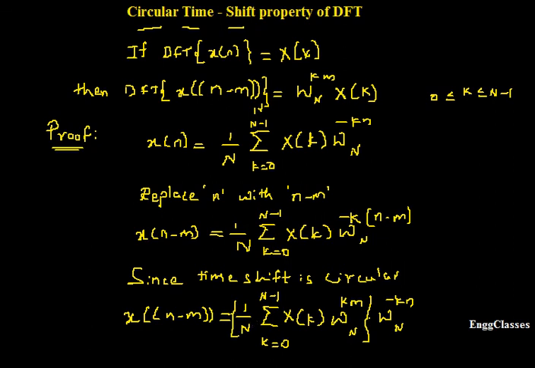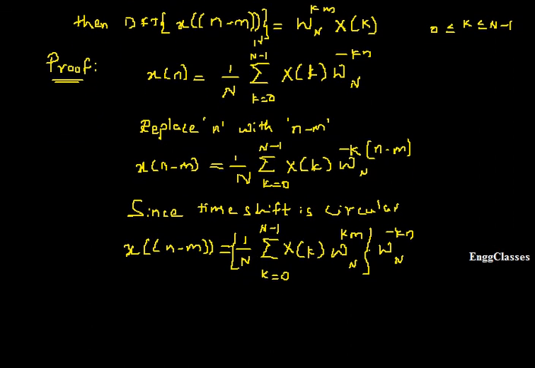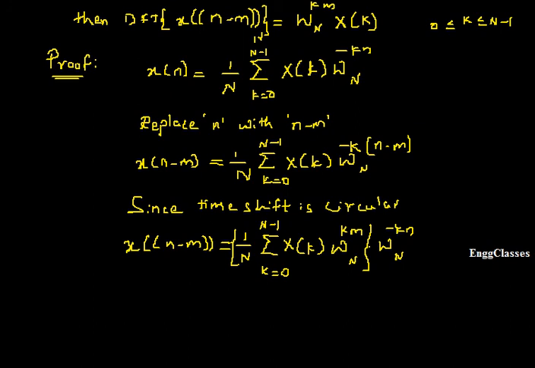Now what is that expression if you look closely? Look at this expression. That is the expression of IDFT. IDFT of what? X of k. Is that correct? So whatever you have here is the IDFT of this term. If you compare that with this expression, 1 by N is here, summation is also here, W_N to the power minus kn, W_N to the power minus kn.